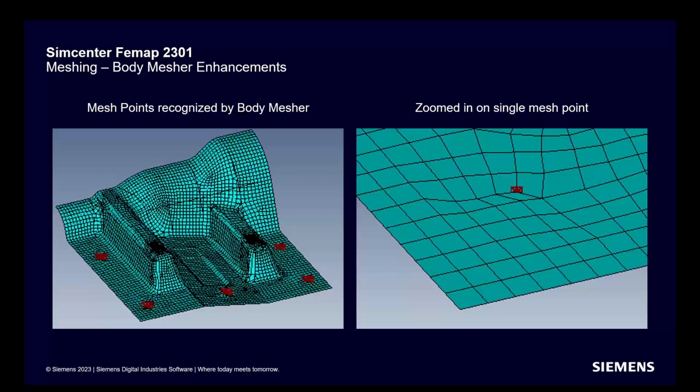So you can see here, if we zoom in on this mesh on the left, there's a node at the mesh point. And again, this is an improvement to the body mesher. So obviously, previously, if you just used a regular mesher on a surface, you would get the associativity.